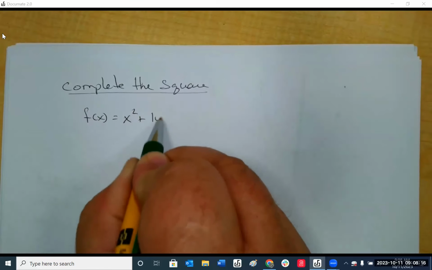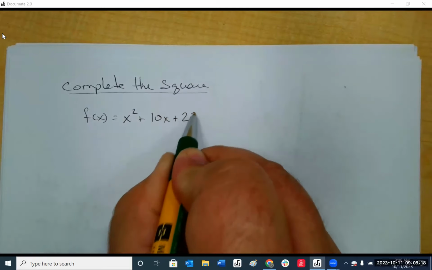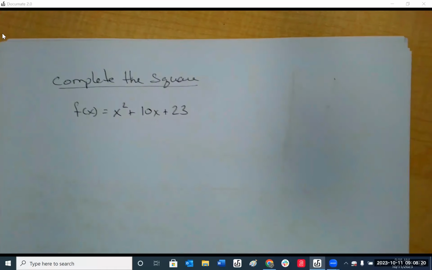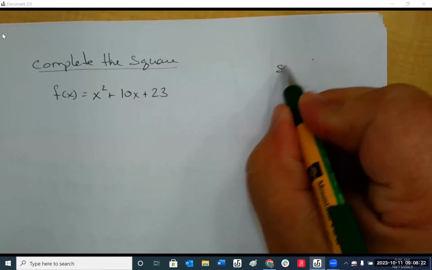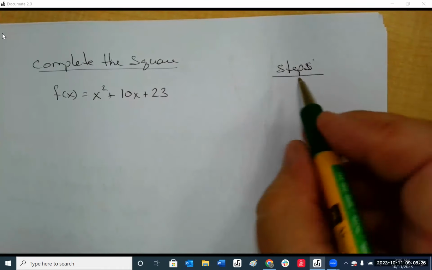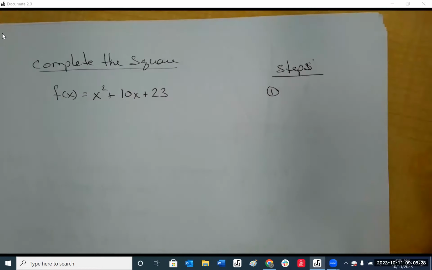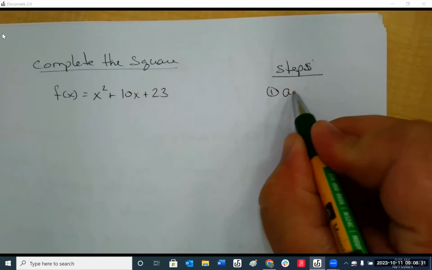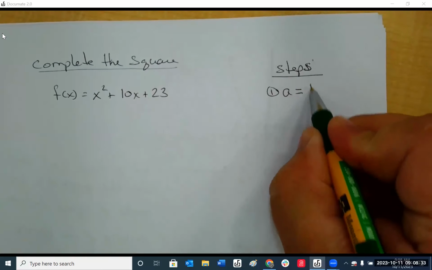x squared plus 10x plus 23. And here are the steps. You have to make sure that the leading coefficient is 1.